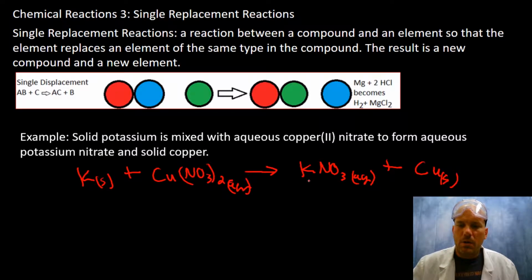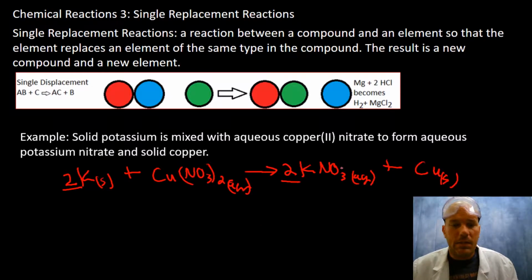Let's balance this. 1, 1, 2. Okay, I need a coefficient of 2 here, which gives me now 2 potassium, which means I need to come over to the reactant side and put a coefficient of 2 there, and we are all balanced and all set here.